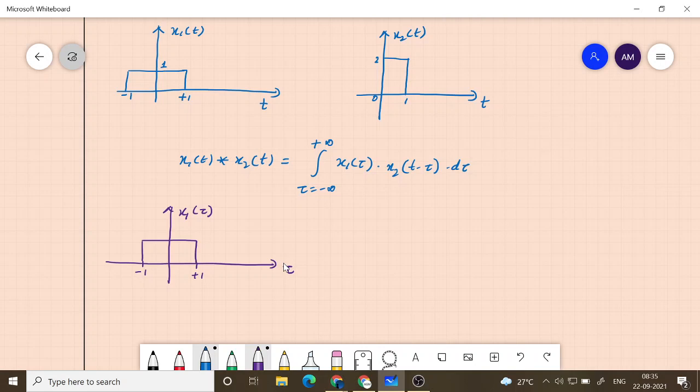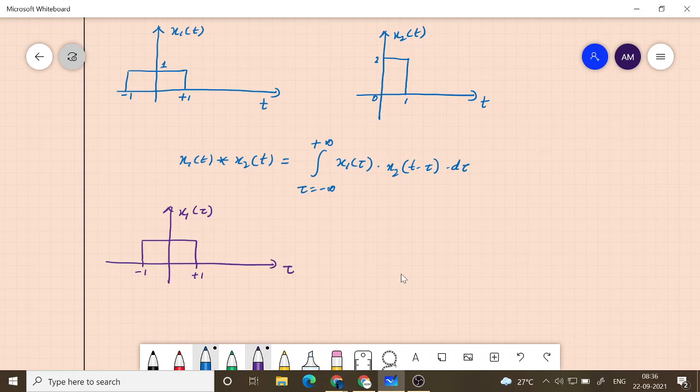Now the other function, that is x2 of t minus tau. So how do we find it? You need to do a shifting operation and a flipping operation.